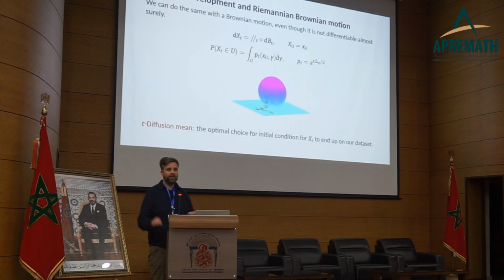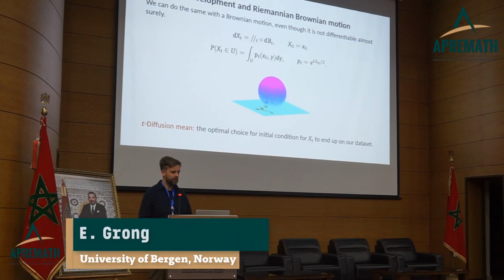And then from this, what we can do is find a mean in terms of this probability. So the idea is to say these distributions are sort of the normal distributions in our non-linear space.